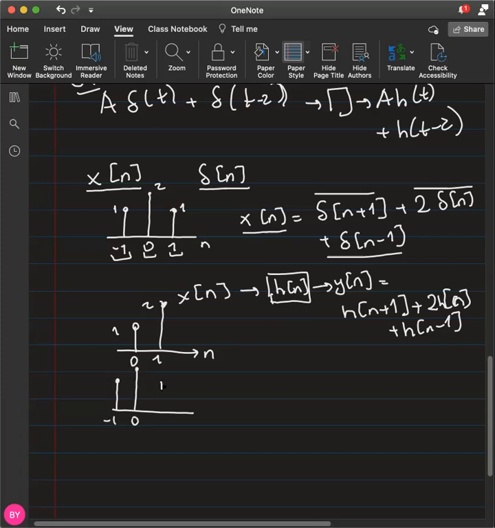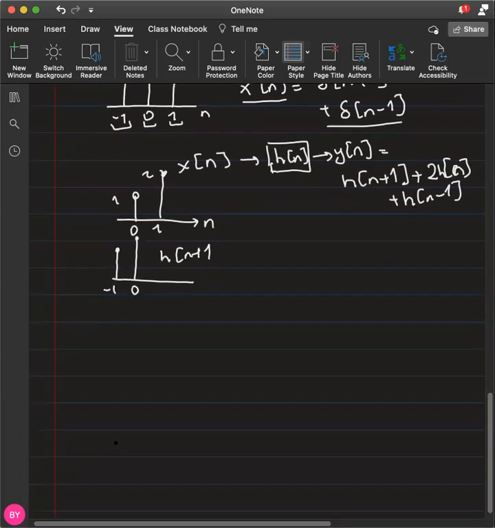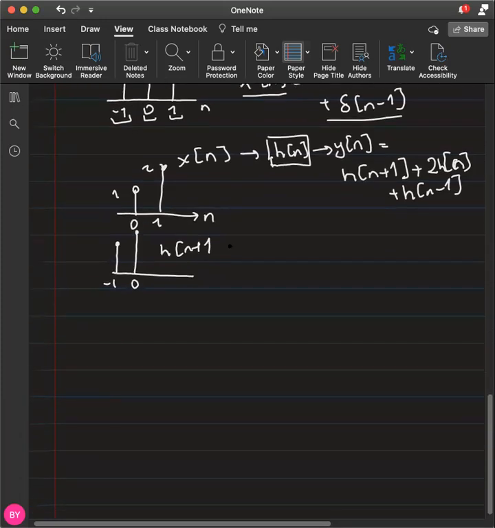This is what? H of n plus 1. Then I will have 2h of n. That means I should multiply everything by 2, keep the times as they are. Okay, now it will be 2 and 4 at 0 and 1, which will be 2h of n.